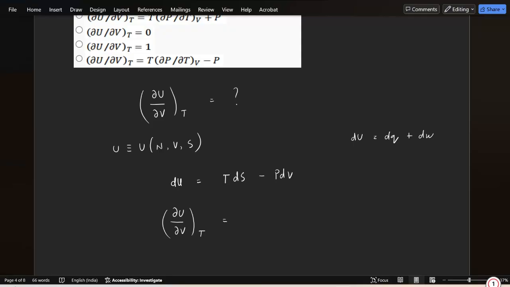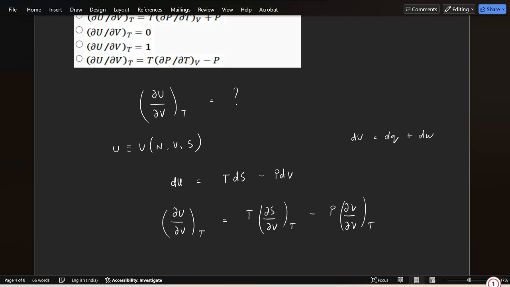This is going to be T del S by del V at constant temperature minus P del V by del V at constant temperature.